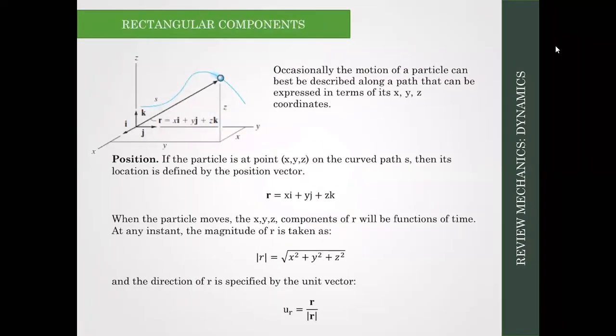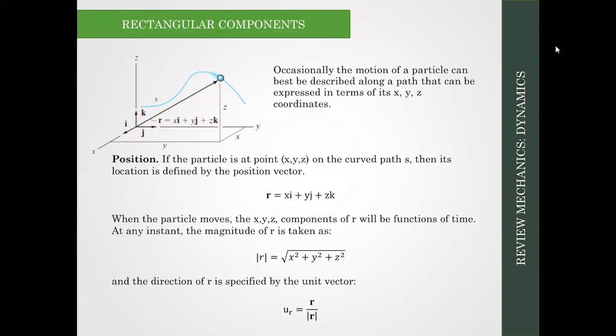When talking about rectangular components, occasionally the motion of a particle can be described along a path that can be expressed in terms of x, y, z, which means we are in a 3D plane. To describe its position, we can use what we studied before, I think in midterm or prelim, the position vector.